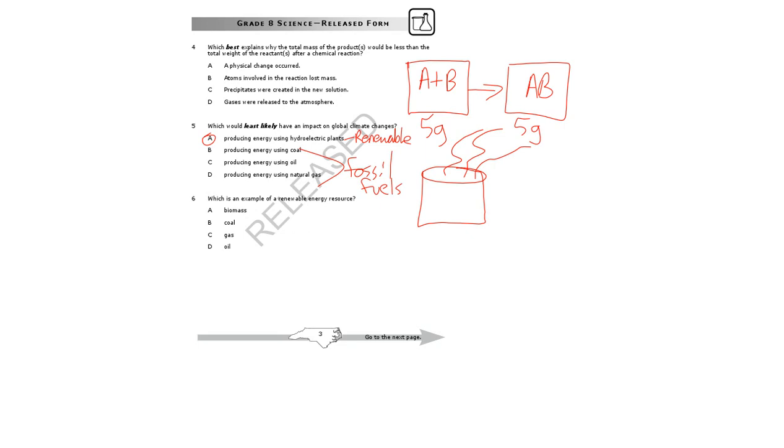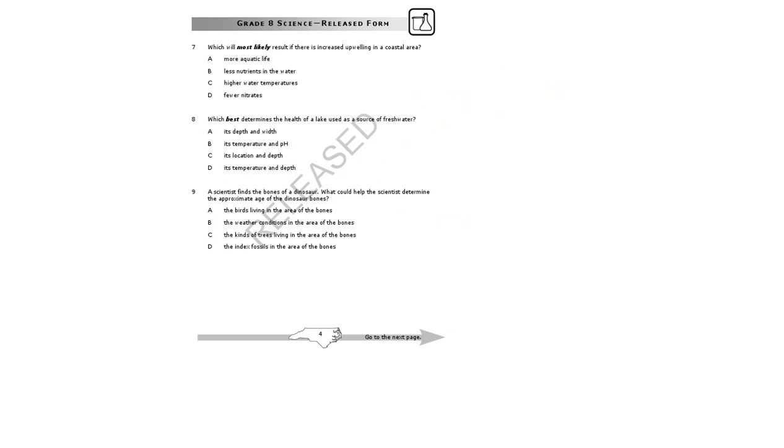Which is an example of a renewable energy source? So remember, fossil fuels are non-renewable. Okay? So you're looking for the one that's not a fossil fuel. Which will most likely result if there is an increased upwelling in the coastal area.